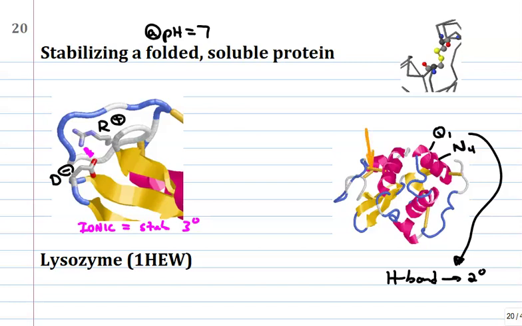Now, these gold bars here, and I'm going to use orange just so you can see it. There's a bunch of these gold bars in lysozyme. This is really showing you our old friend, the disulfide bond. So here's a cysteine. Here's another cysteine.